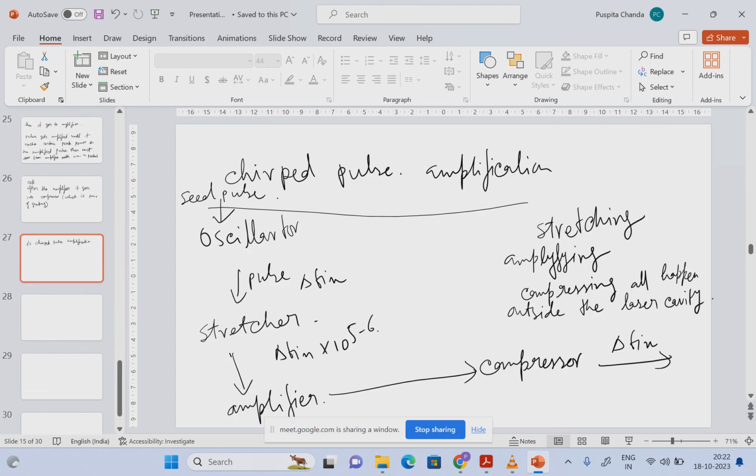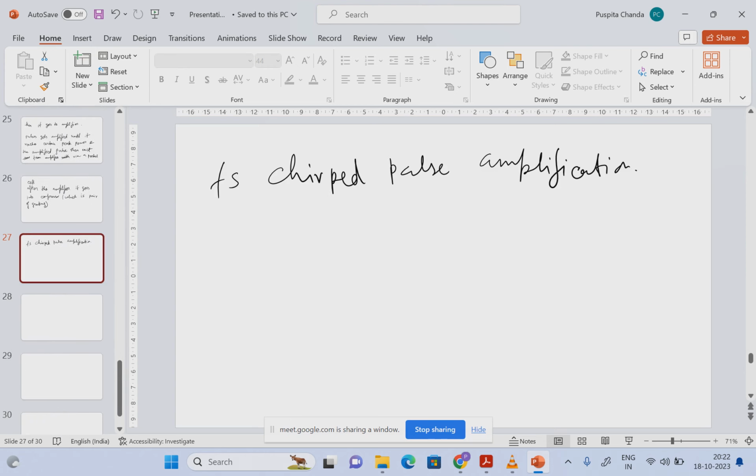Okay. So femtosecond, like a pulse which will be 10 to the power minus 15 second.